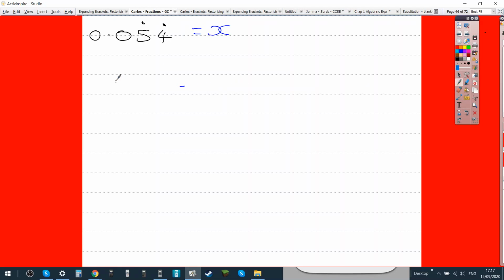So what if I wrote it as x equals 0.0545454? What would that be if you multiplied it by 100?